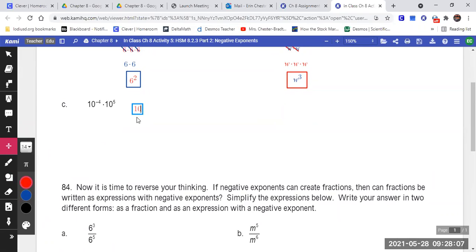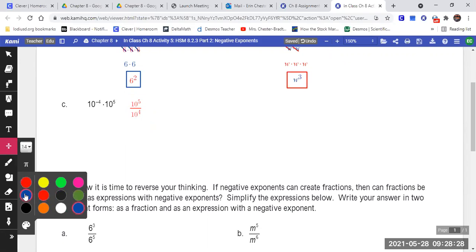So 10 to the 5th was positive, and it's being divided by 10 to the 4th, which was the negative. Once it moves, the negative sign goes away. The negative sign is the ticket for the trip. Think about it that way. You have to pay for the trip somehow. So he paid for it with his negative sign.